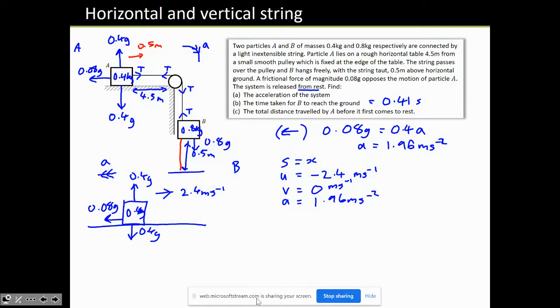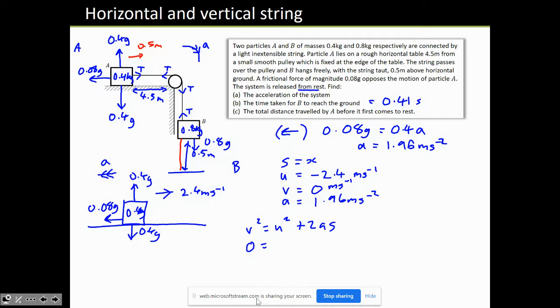Okay. So again, you can see here we're going to be using v squared equals u squared plus 2as. And our v is 0. Our u squared is going to be the answer we got before squared.